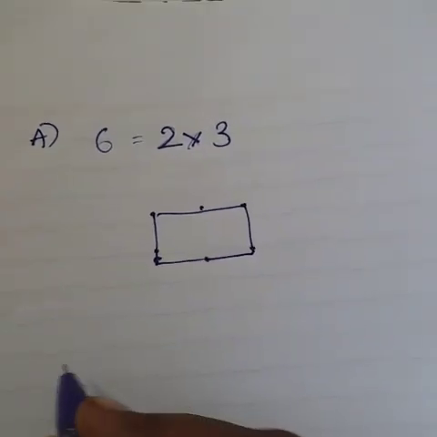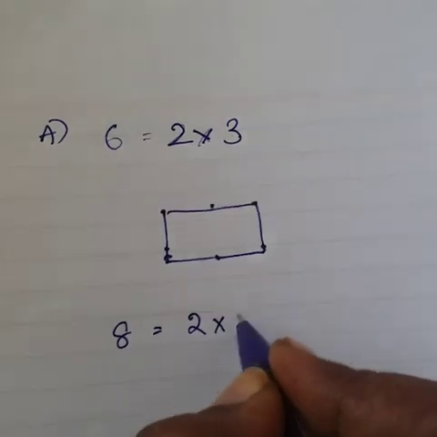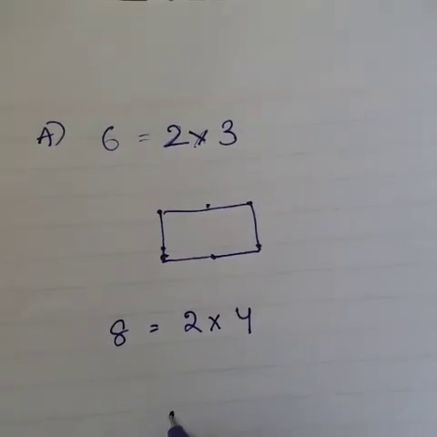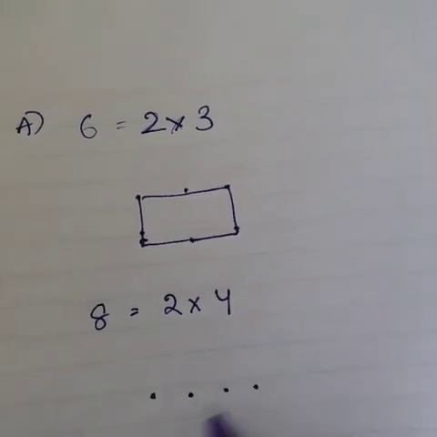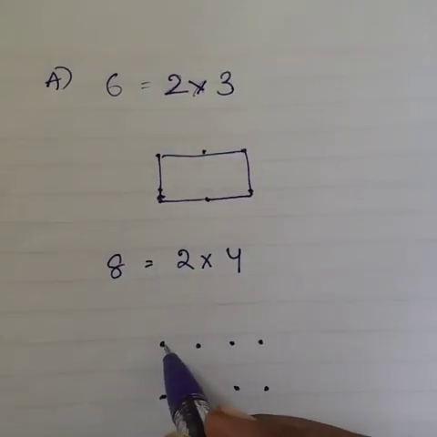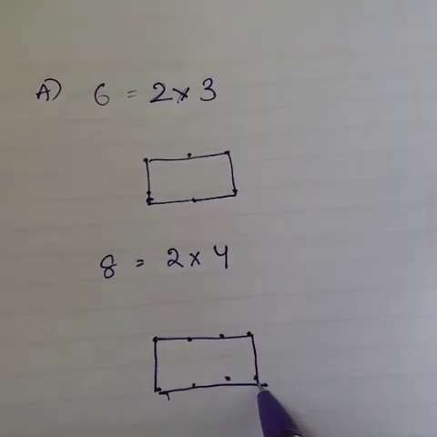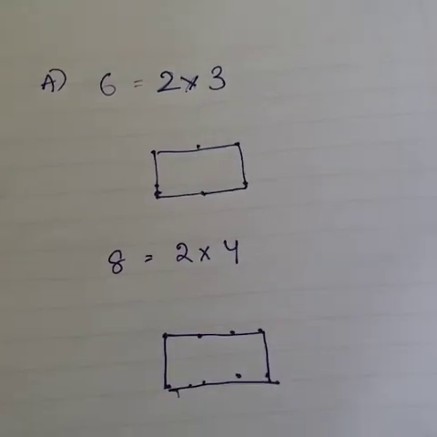For suppose 8. 2 into 4. 1, 2, 3, 4. How many dots are there? 8. So 2 into 4 dots can be shown as a rectangle. Okay?